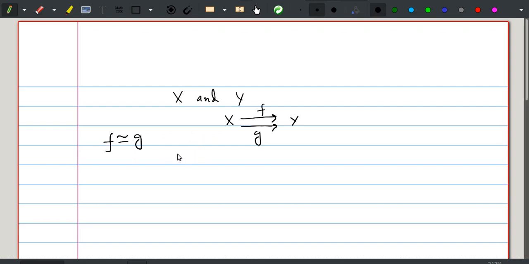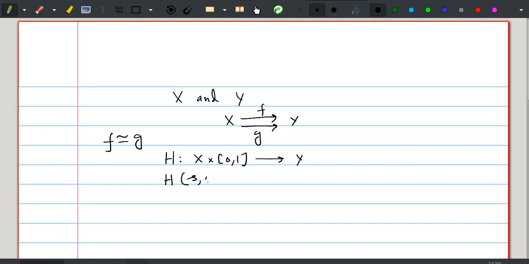there exists a map, say H, from X cross the unit interval [0,1] to Y such that when we restrict H to 0, we get this little f, and when we restrict H to 1, we get this little g.